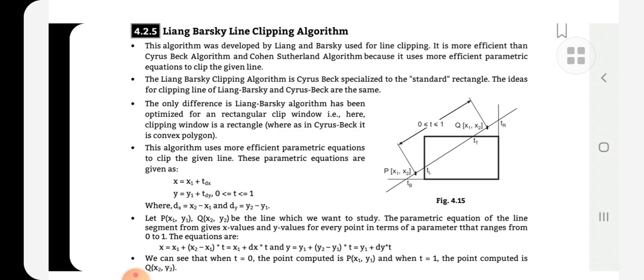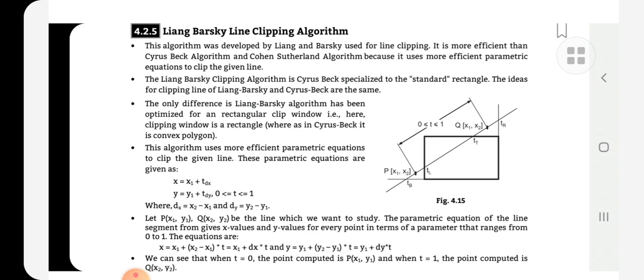The ideas for clipping the line of Liang-Barsky and Cyrus-Beck are the same. The only difference is that the Liang-Barsky algorithm has been optimized for a rectangular clip window. That is, here the clipping window is a rectangle, whereas in Cyrus-Beck it is convex.